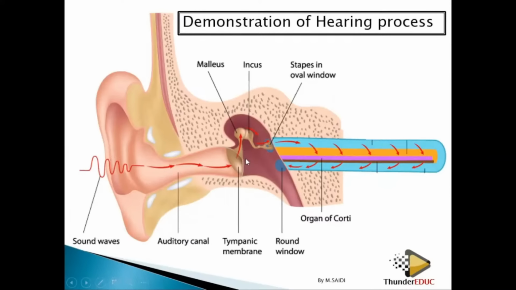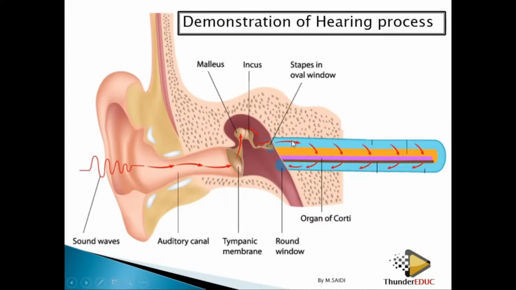The tympanic membrane causes the three bones, the malleus, incus, and stapes, to vibrate. The vibration is amplified, and the last bone, the stapes, causes the oval window to vibrate.